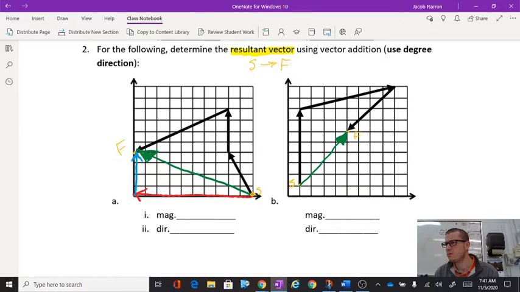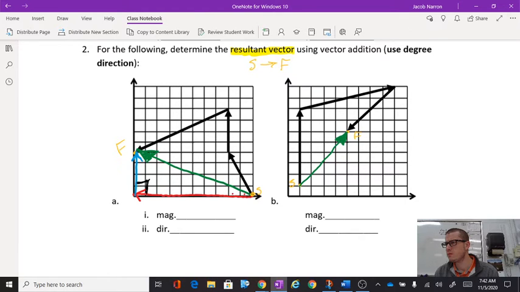Now I'm going to count these up real quick. Basically what we're trying to do is create a right triangle, because as soon as we get a right triangle, then we can actually get down to business, okay? We can use trig, we can do whatever we need to do to solve for what we're missing.